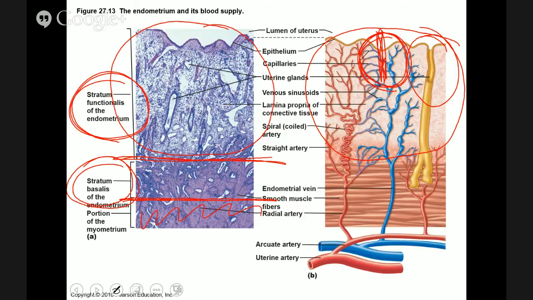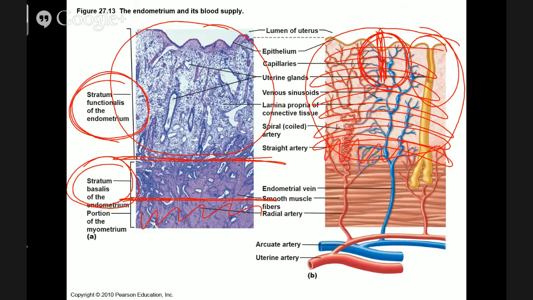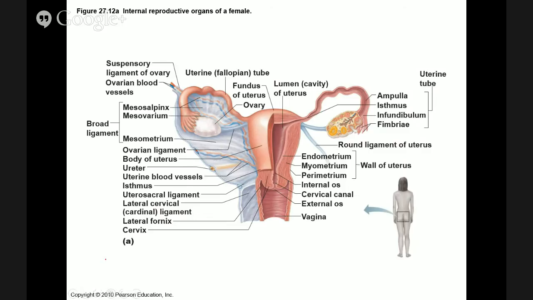If fertilization doesn't occur, there's no blastocyst present, then this entire layer here will be shed off. It'll just basically slough off, and then you'll be left with that base layer again. So the thickness of the wall of the endometrium will vary.